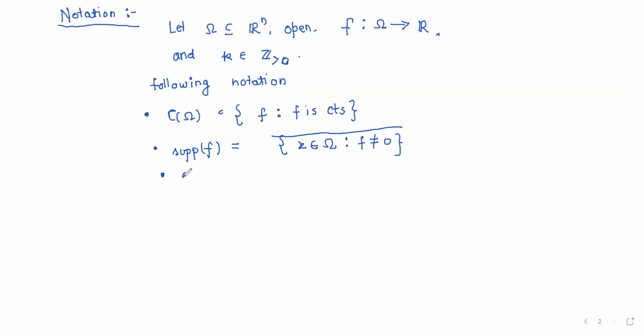And then C_0. In the standard textbook, they use C_0, but I have studied some Indian textbooks also, they use C_c. This represents compact support, but I will use C_0(omega). So by definition, this is all those functions which are continuous and the support is compact.